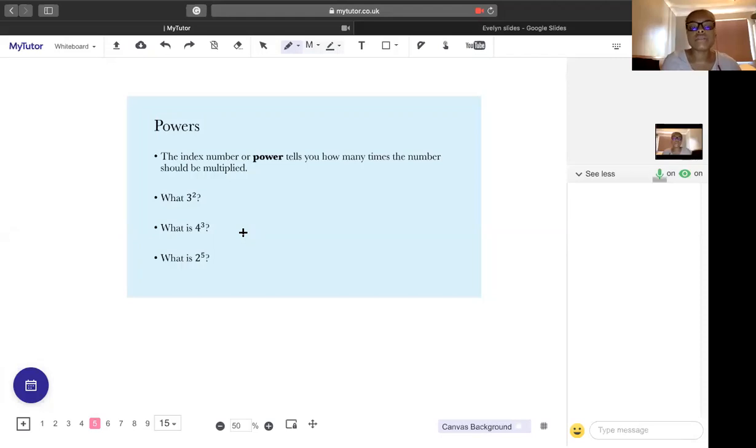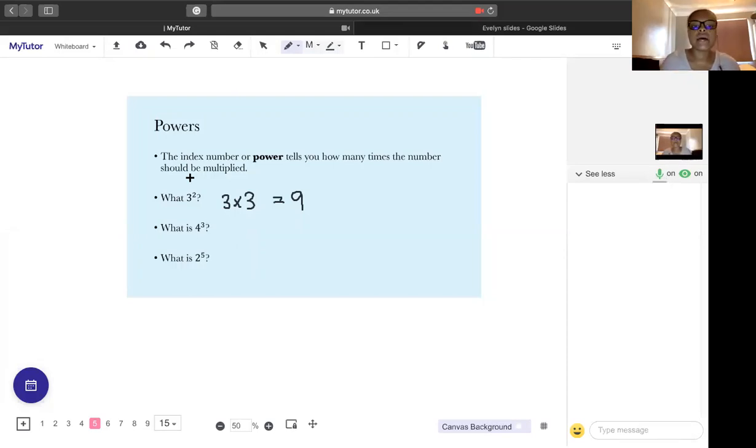So if we look at the first one, 3 squared, that's the same as saying 3 times 3. So we're timesing 3 by itself twice. 3 times 3 is just 9. So that means that 9 is a squared number because we did 3 squared.